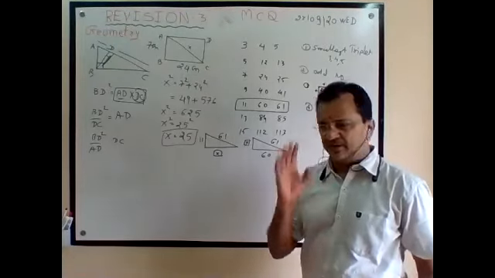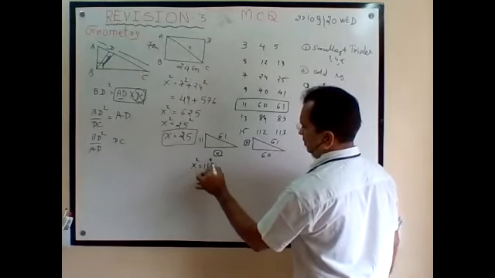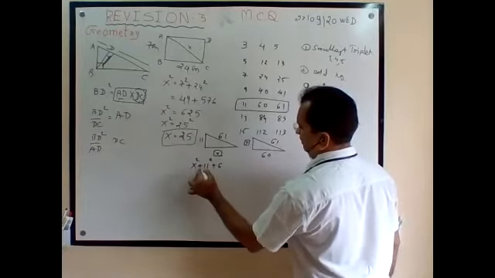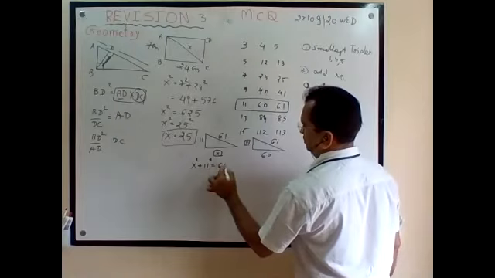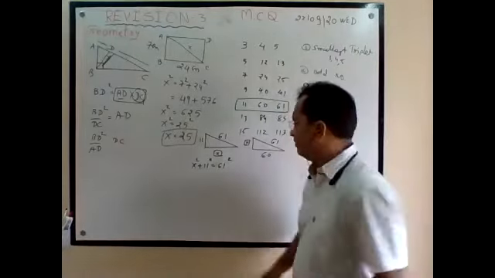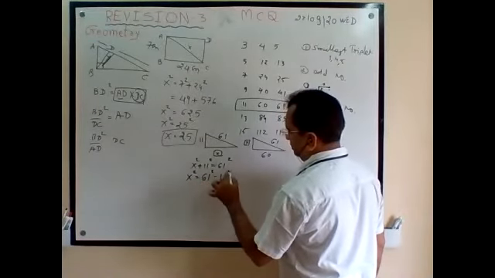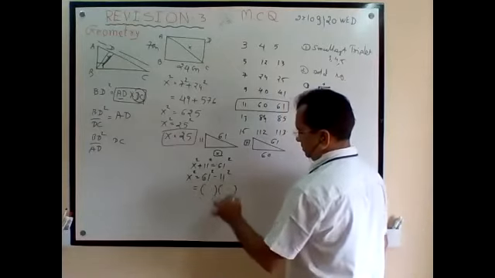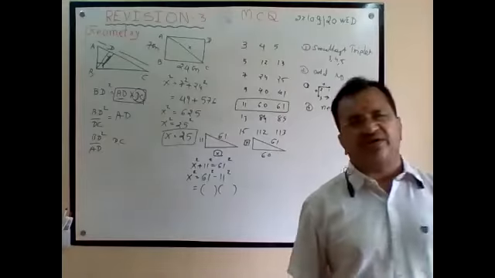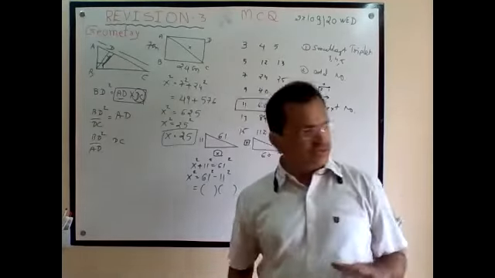60, 61 is there. 11 is missing. I want 11. How? X square plus 11 square is equal to 61 square. This method you can apply when the hypotenuse is given. So X square is equal to 61 square minus 11 square. I don't know the square of 11 and I don't want to do rough work also.